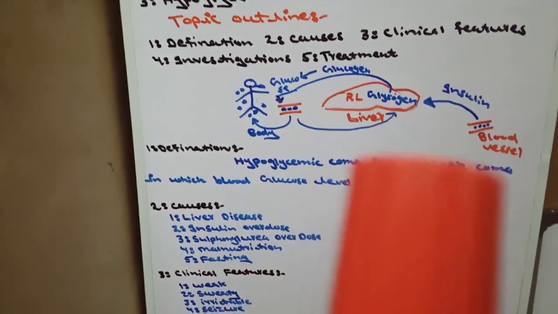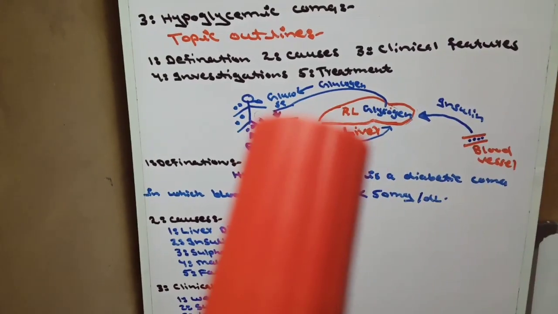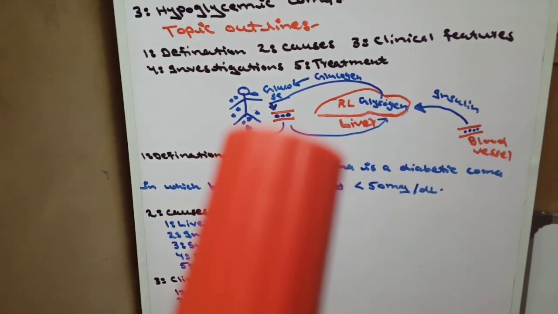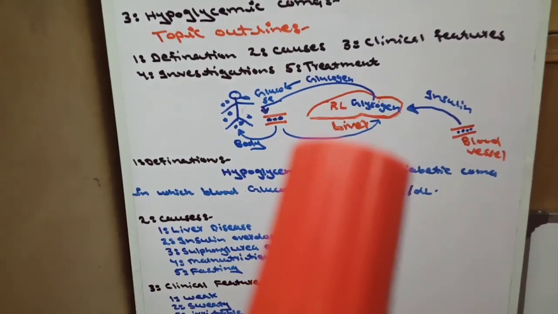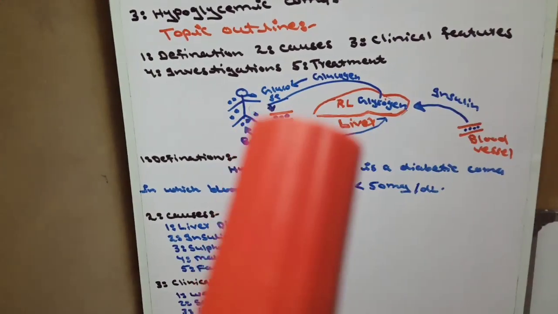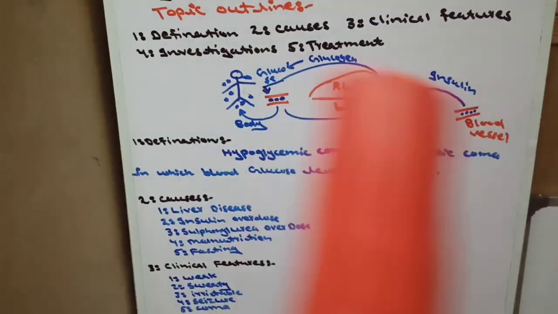The result will be hypoglycemia. Number third, if we take an overdose of insulin, even if the liver is normal and changes glycogen into glucose, when this glucose reaches the blood, insulin again transfers it from blood to liver to change into glycogen. This is the normal mechanism.